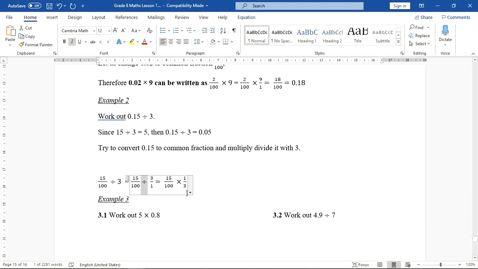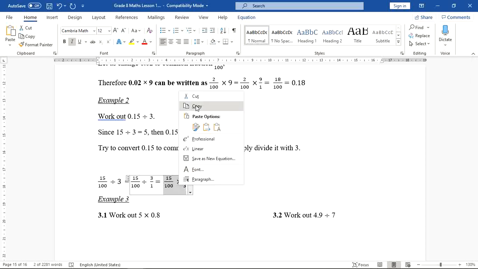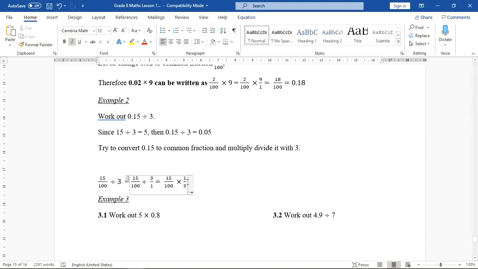The thing about multiplying 2 fractions is that you can simplify across. So you can simplify this 15 with this 3, because the 3 can go into 15. But we cannot do it here. We cannot say 3 goes into 100 because of the division. We only do that with multiplication.